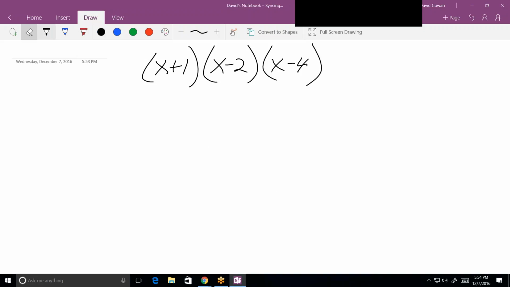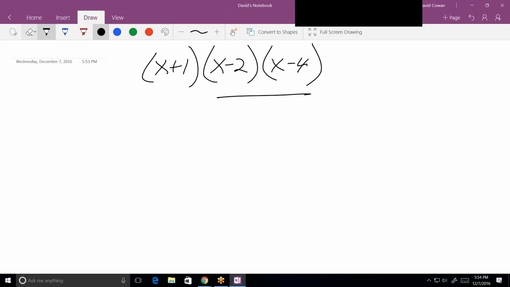Okay. Now you have to multiply those 3 linear factors together, and you'll end up with a cubic, a polynomial. It will have a coefficient of 1 in the highest degree, but we'll talk about that in a second. First of all, let's multiply these 3 things together. The way I always do it is to multiply the last 2 first. You can multiply the first 2 first.